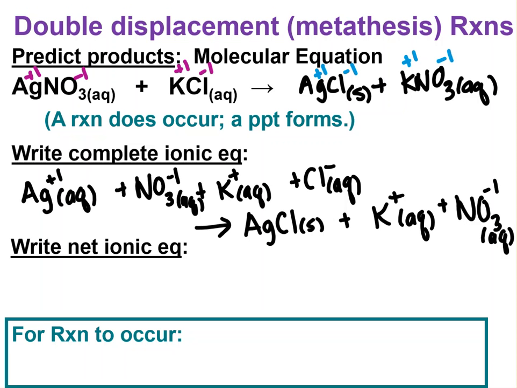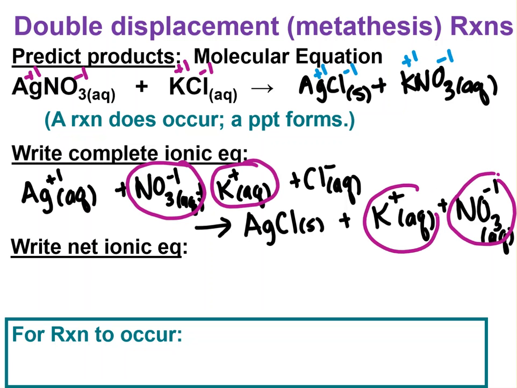Okay, and do you notice anything that is not changing in this reaction? In other words, are there any ions that are there before the reaction and they're just the same after the reaction? And so what I'm looking at is I see that the nitrate is really not changing. I have nitrate before and after. Same with the potassium, before and after. And so those are our spectator ions.